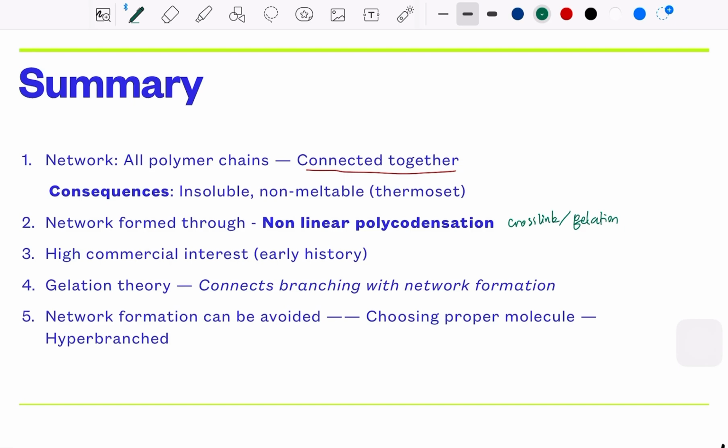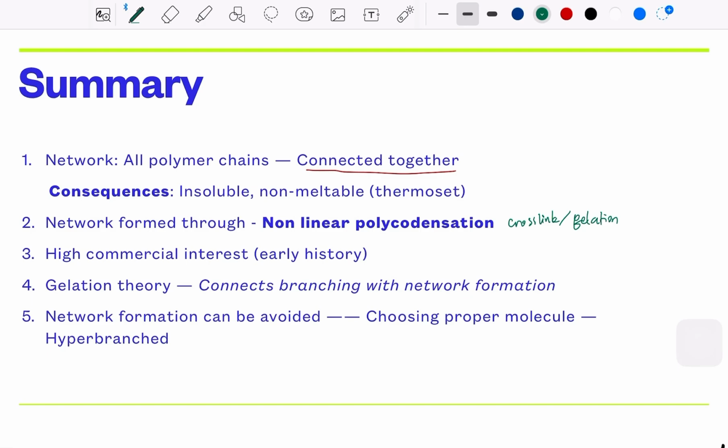And then it's of high commercial interest, especially at the beginning of the introduction of polymers. And we also learn the gelation theory, from which we learned the importance of the branching that connects and makes the network formation.